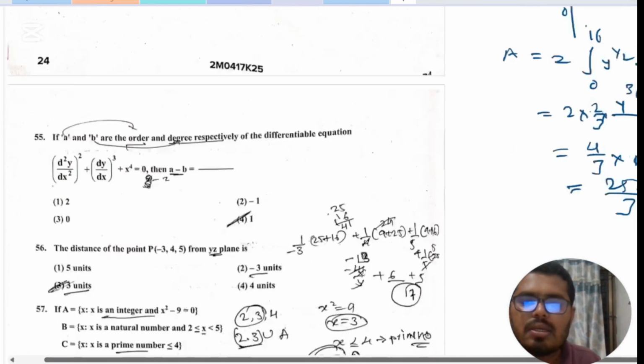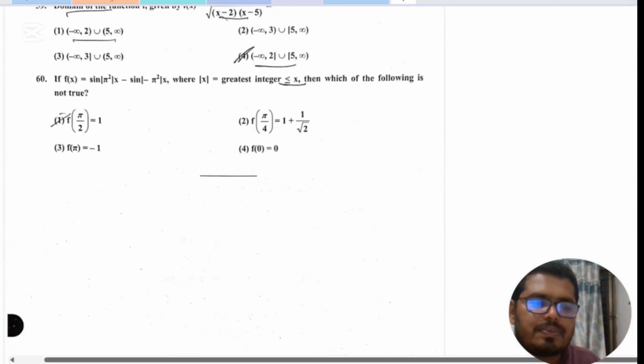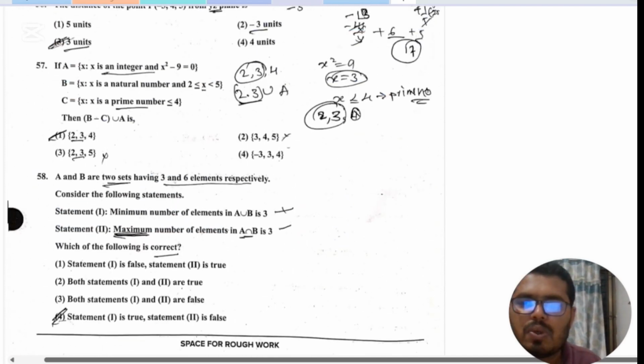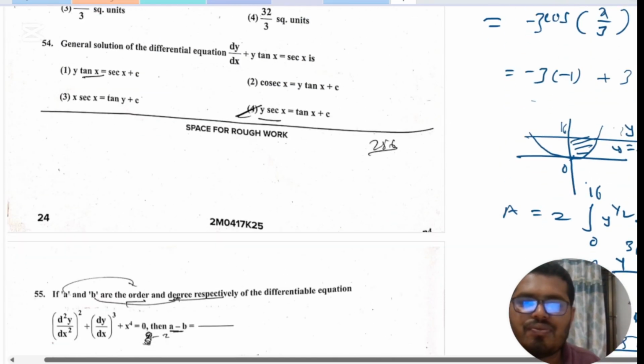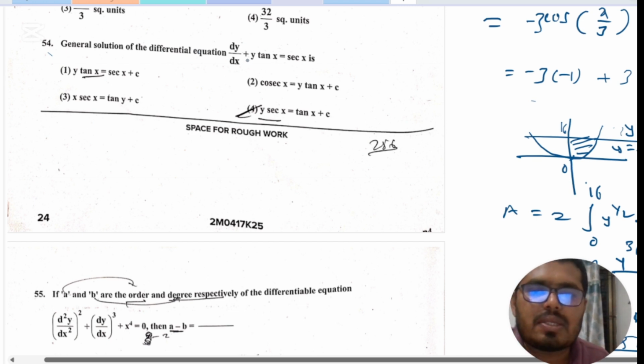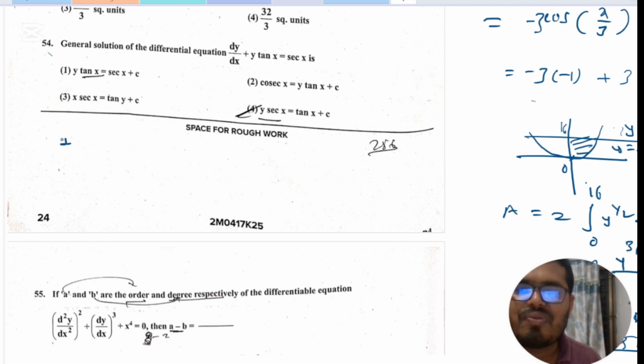Okay, next, question number 54. The general solution of the equation dy by dx plus y tan x is equal to sec x. First we find the integrating factor, which is e raised to the integration of p dx, e raised to the integration of tan x.